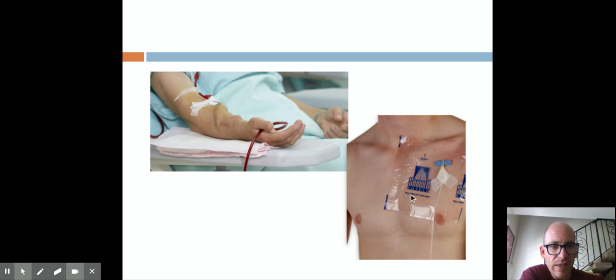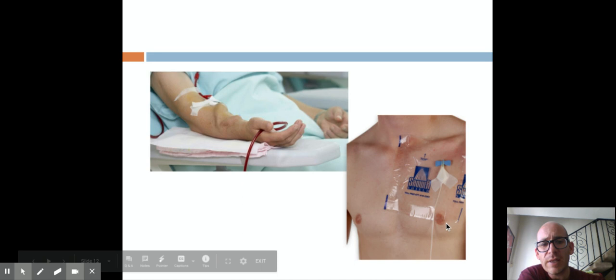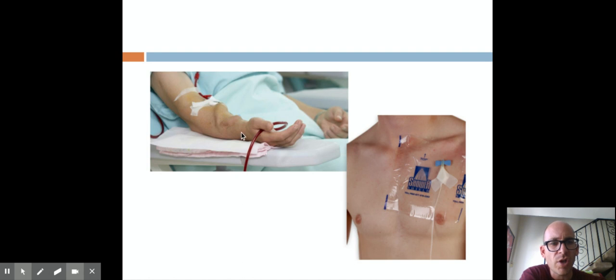The other option is to have a central line going in. This is a central line going into the chest, the PICC line. You can also have PICC lines in the arms as well. They will take the blood, and this tube will be permanently attached to the person going into their chest. They don't normally leave these in for longer periods of time. So most dialysis patients end up with what are called fistulas or shunts.